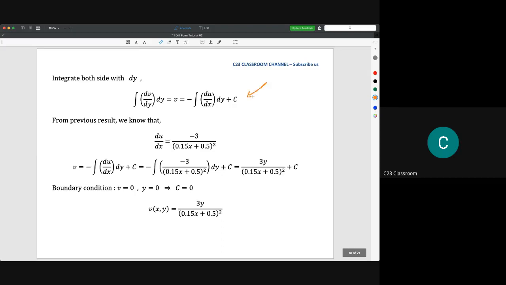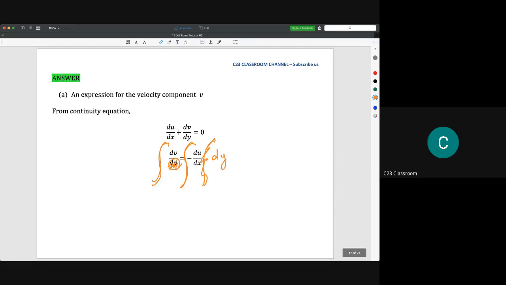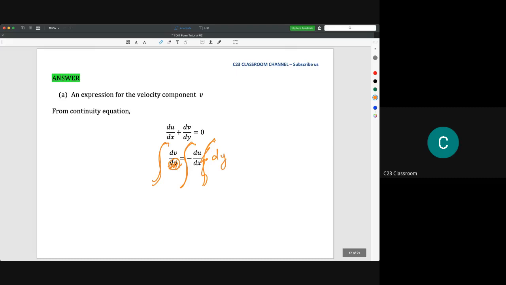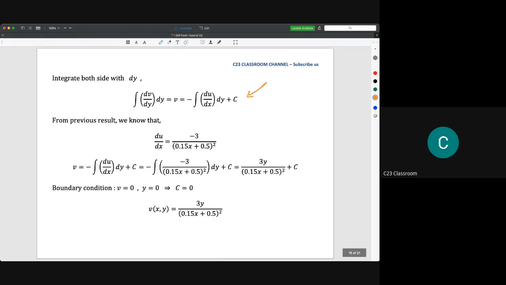Again, we integrate dv here, we'll get v. And if we integrate du/dx over dy here, we have the integration of du/dx dy. So it is just the integration of the differential terms.